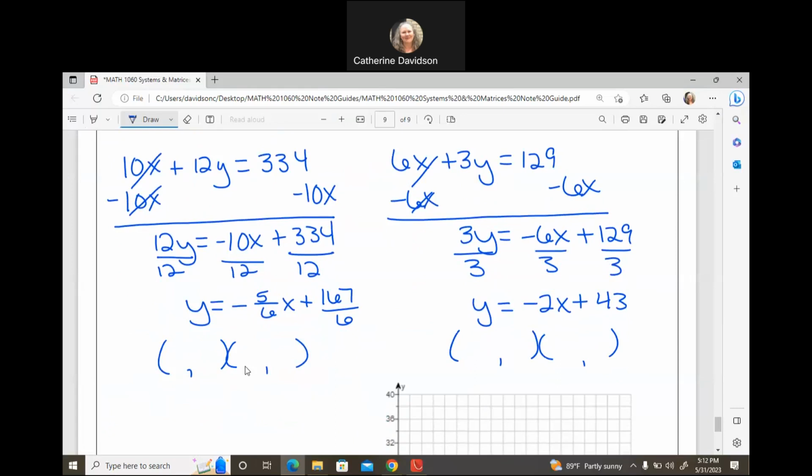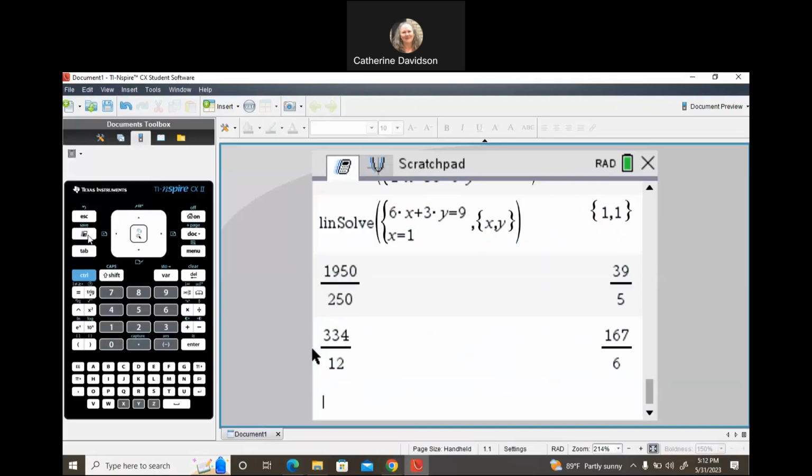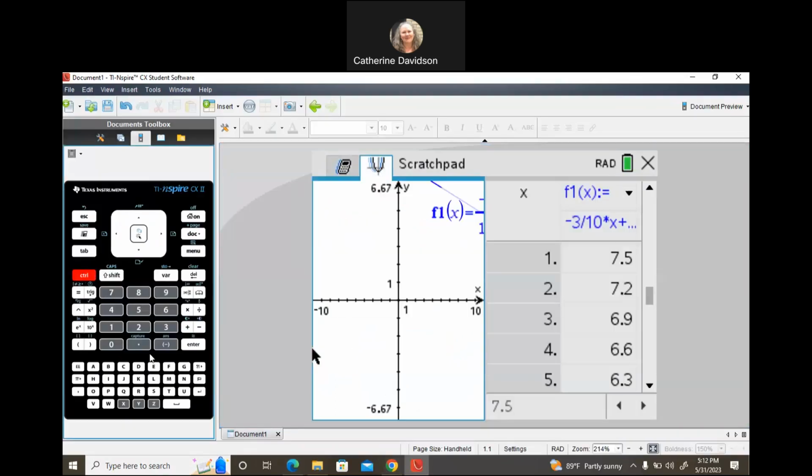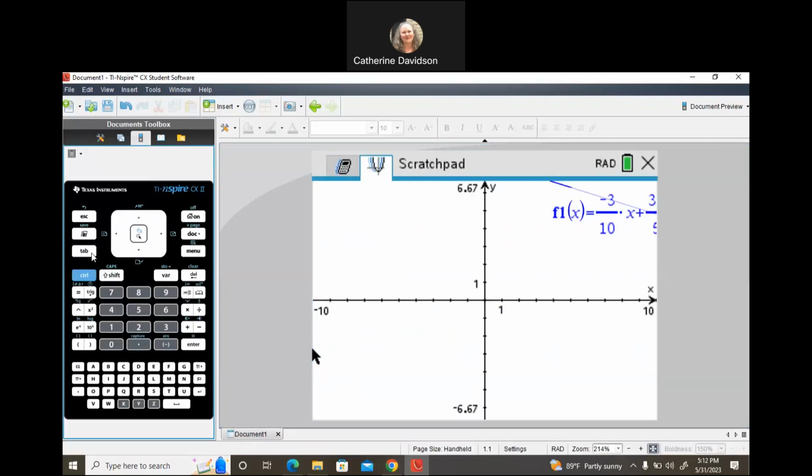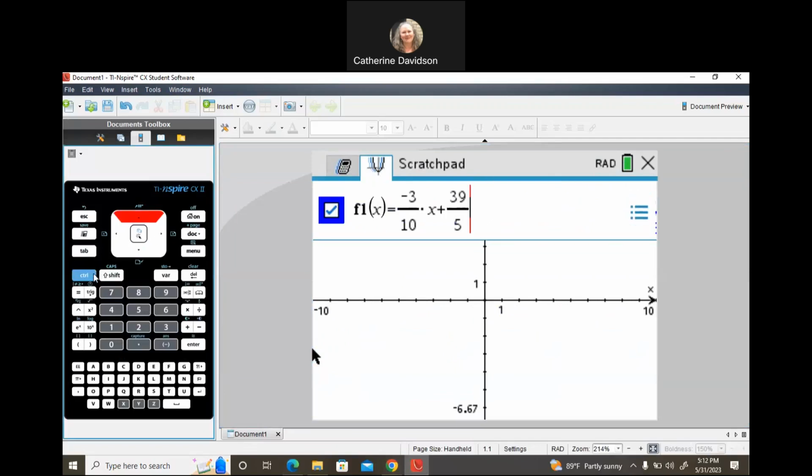Calculator's a nice tool. You don't have to do a lot of trial and error to figure out which 2 points to use to graph these. So let's click right here, move my table, tab, arrow up, control delete.